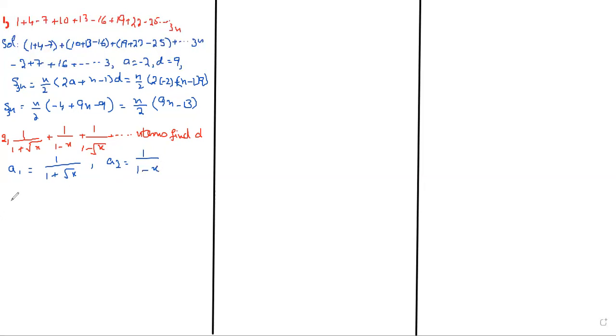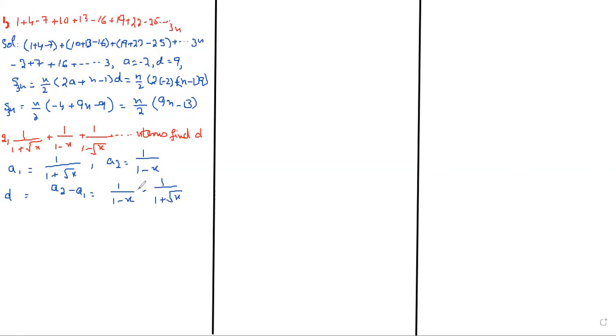So simply d equals A2 minus A1, which equals 1 over 1 minus x minus 1 over 1 plus root x.